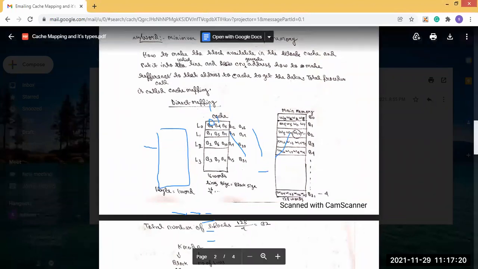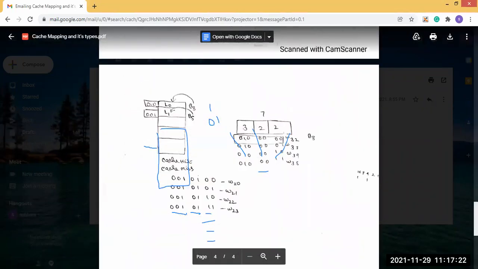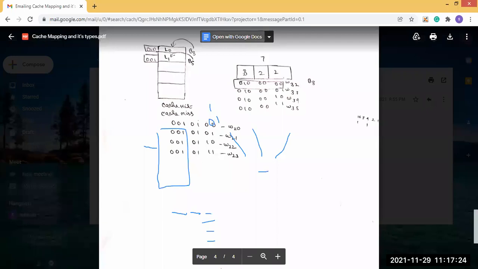This block number 5 will be moved to line number 1 at that moment, and other blocks of that range will have to wait until the execution is complete for block number 5, and then they can acquire that line number. Okay, so that's how it is generated, and we can find the address.